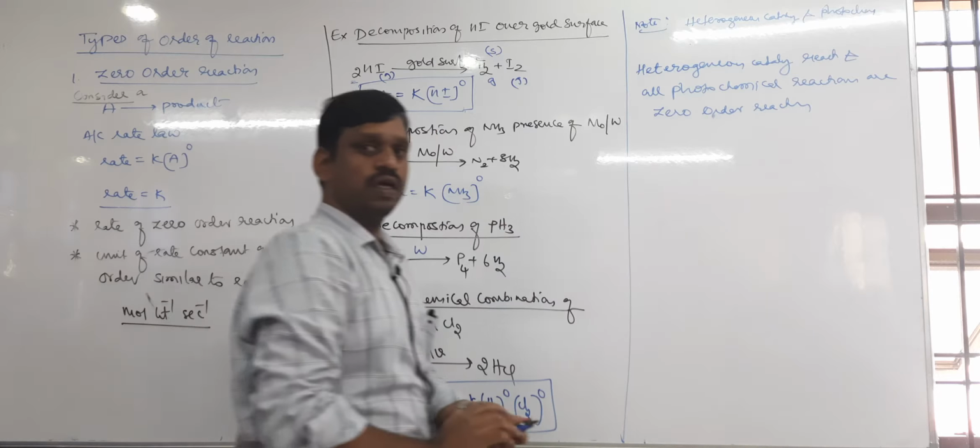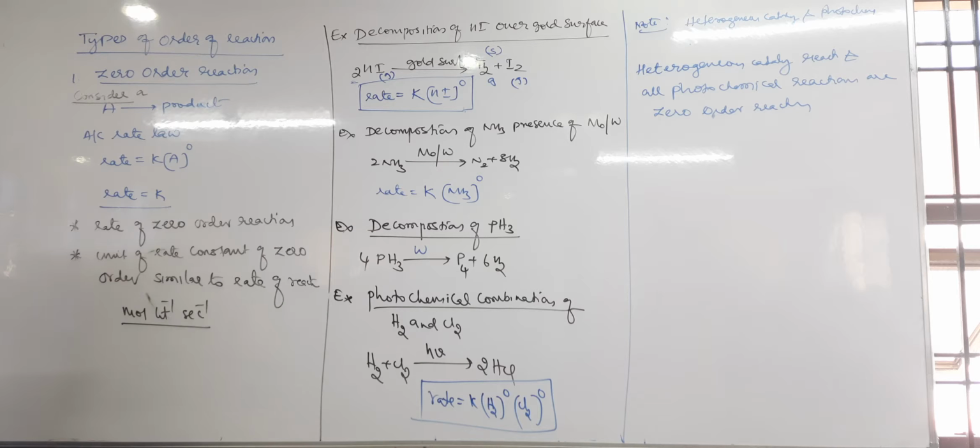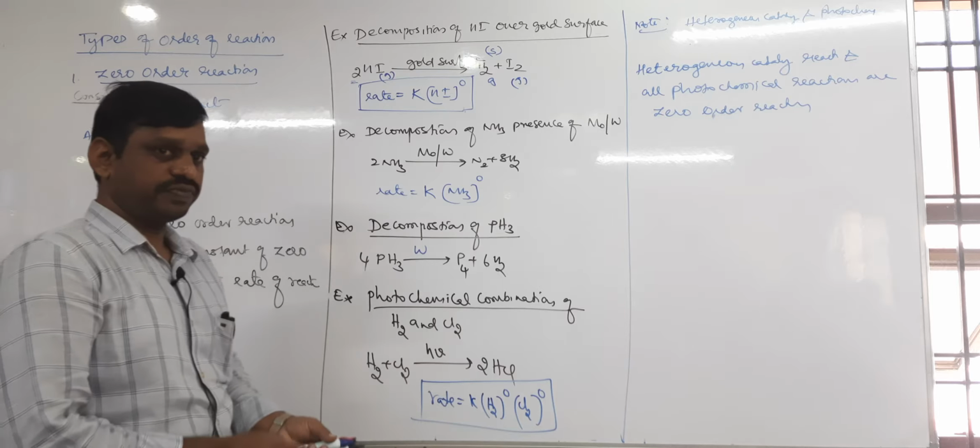Tell me, so what is the reason that heterogeneous catalytic reactions and photochemical reactions are zero order reactions?